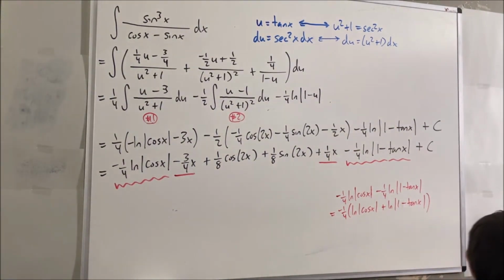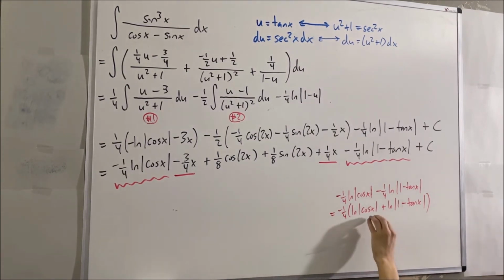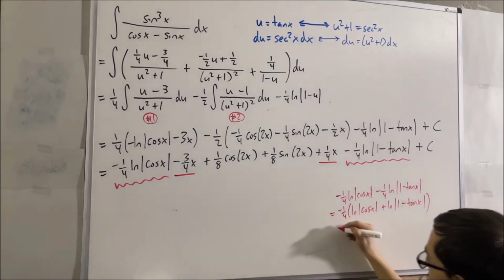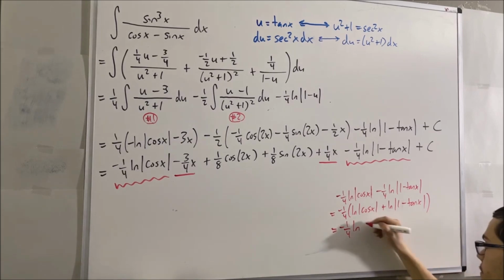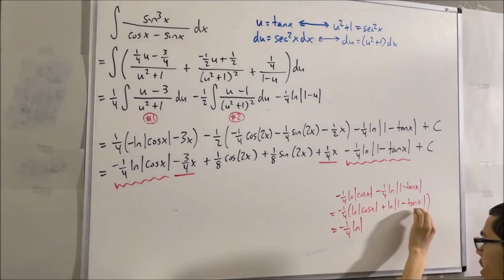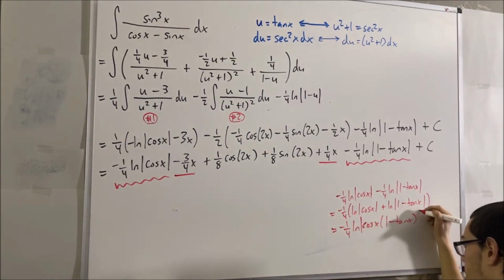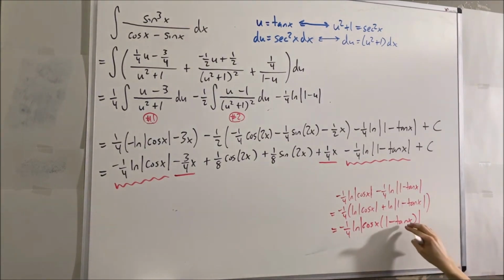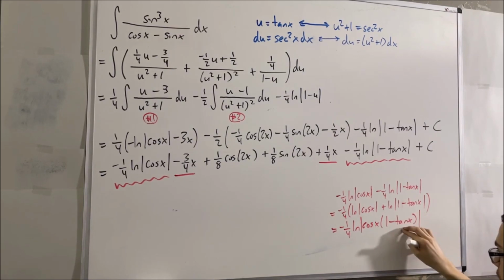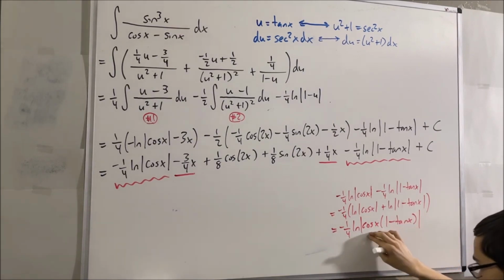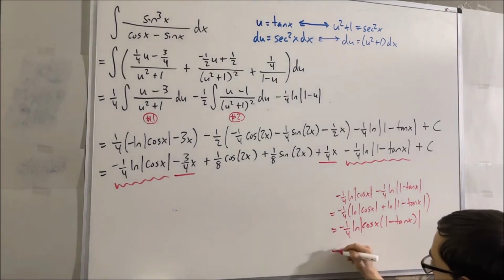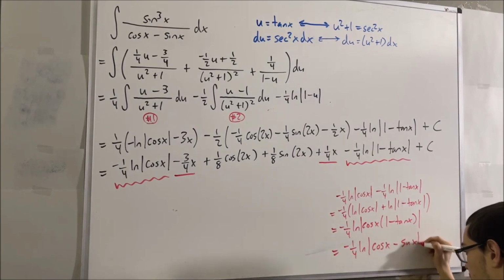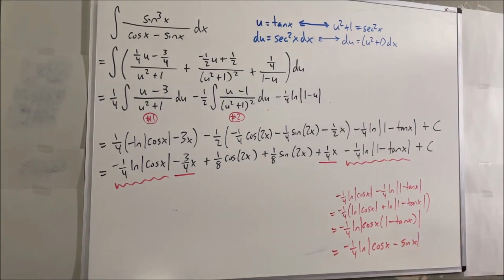And so if you recall, the rule for adding logarithms is that you can just combine it into a single logarithm. But really, you're multiplying these two things together. Just like that. And if you were to distribute this across, keeping in mind that tangent x equals sine over cosine, you're going to get cosine minus sine. And so this is really what you're left with if you were to actually combine all that together.